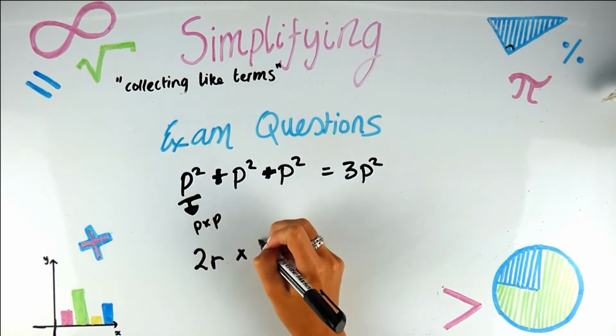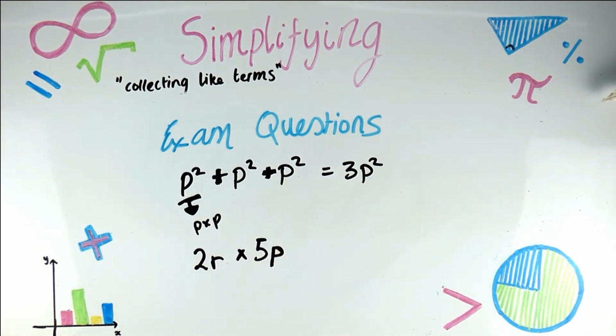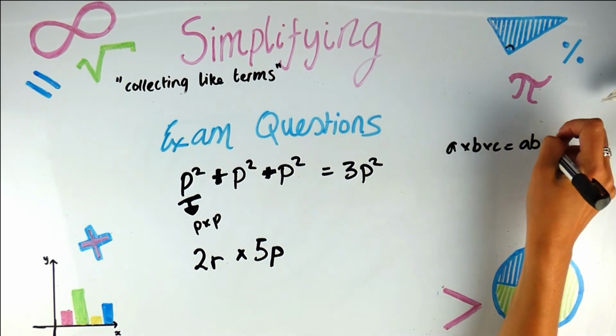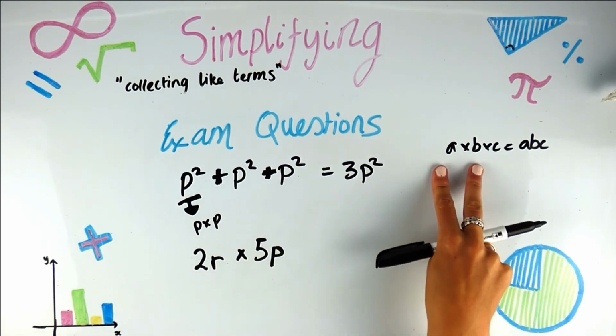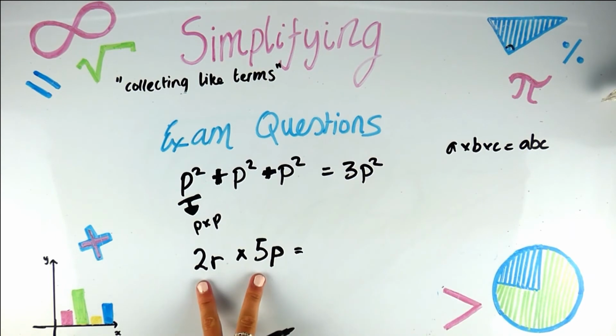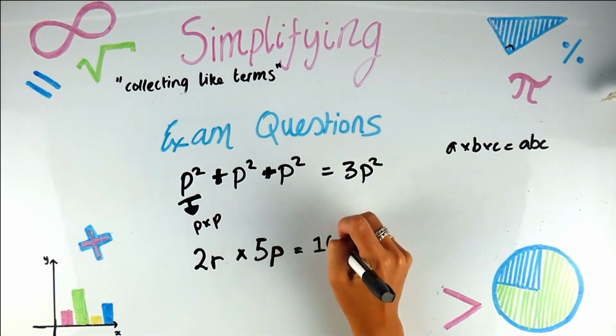2r times 5p. Okay, so we know from the, which I rubbed out, that's ABC. We know that 2 letters multiplied together can just be put together, and we know that you can just multiply numbers. We know that 2 times 5 is 10, hopefully.